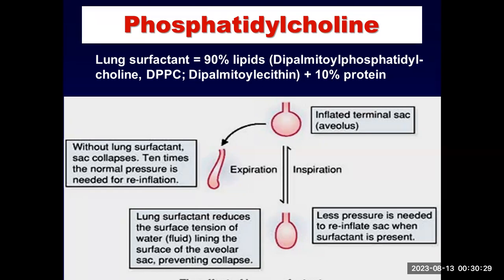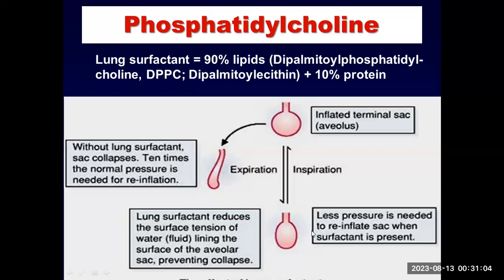Now, without the surfactant, without lung surfactant, the sac collapses, as you have seen right here. Then, if it collapses, 10 times the normal pressure is needed to re-inflate it. So lung surfactant reduces the surface tension of the water fluid lining the surface of the alveoli sac, as we have seen in the previous slide, preventing collapse.